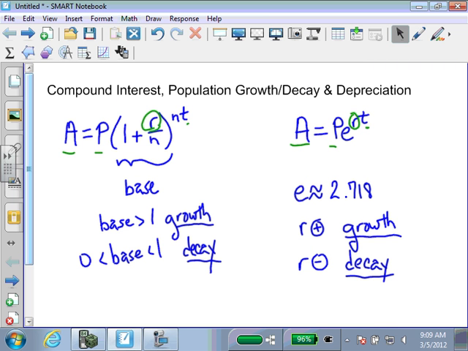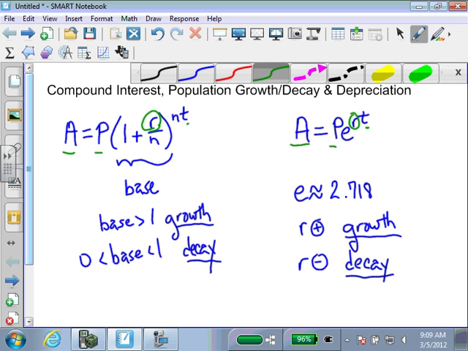Okay. In this expression, the base is 1 plus R divided by N. If the base is bigger than 1, then our initial amount is going to grow. If the base is between 0 and 1, then our initial amount is going to decay.